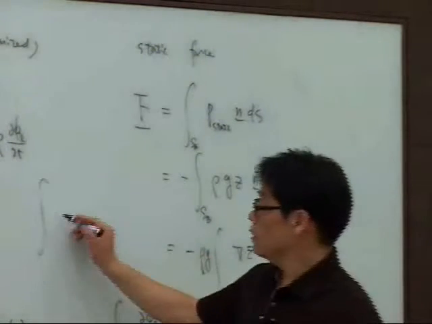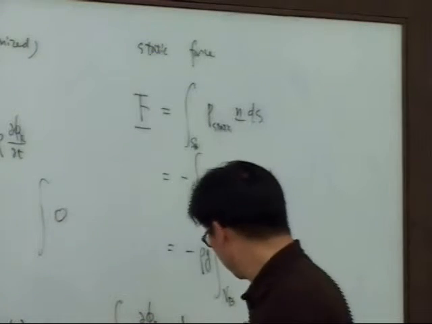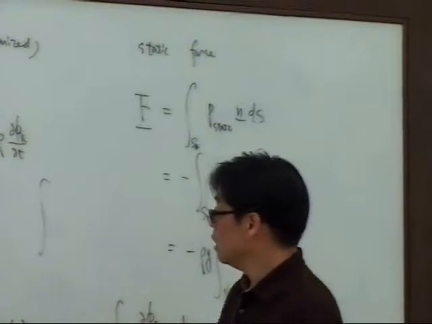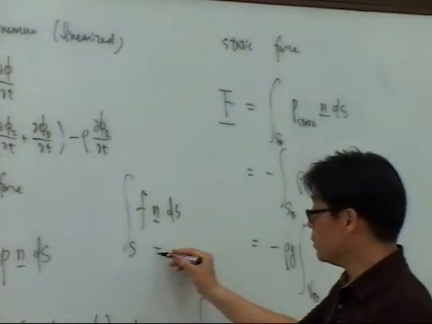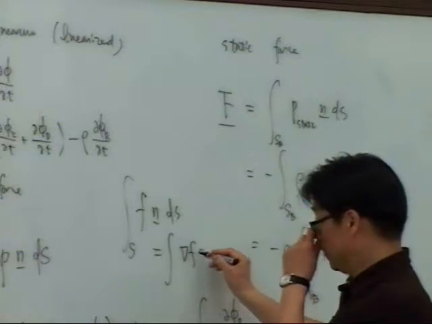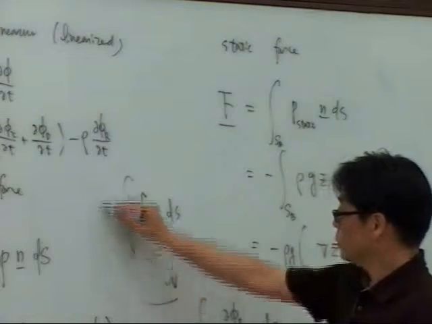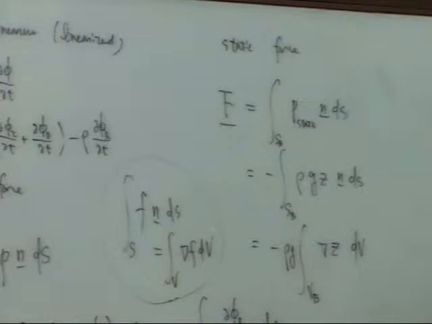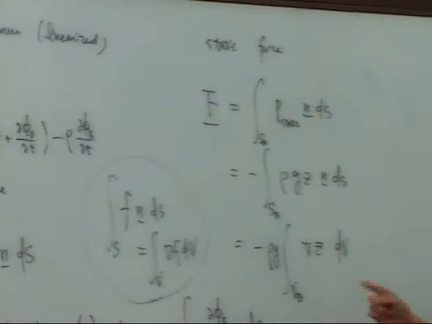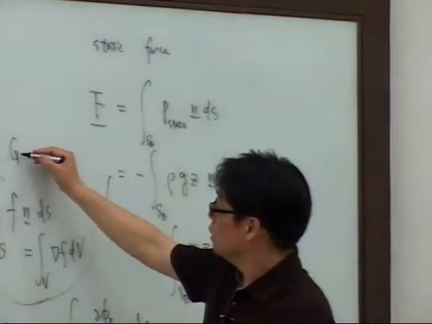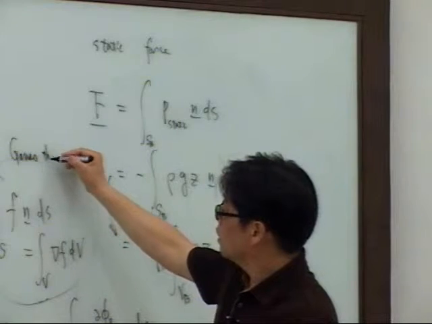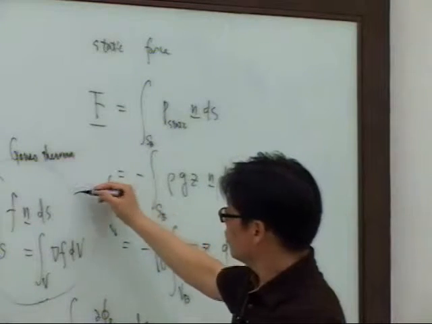So something like you have some function normal dS that can be changed to, right? This is Gauss theorem. So that's exactly what I'm doing here, going from here to here. I'm using this guy.